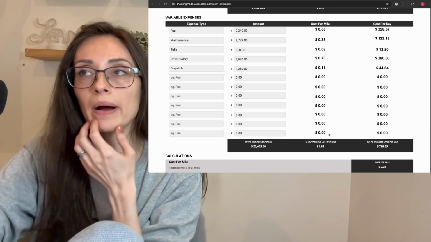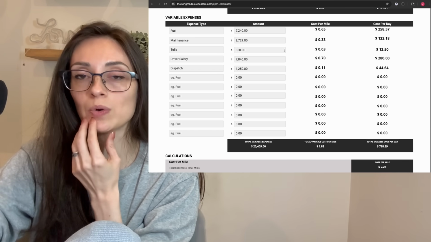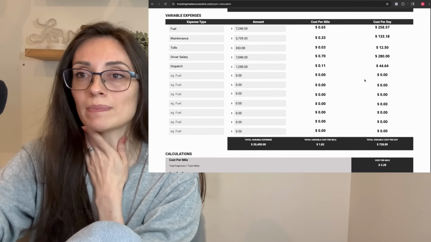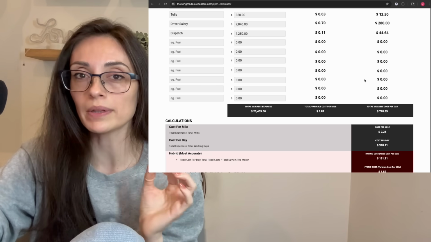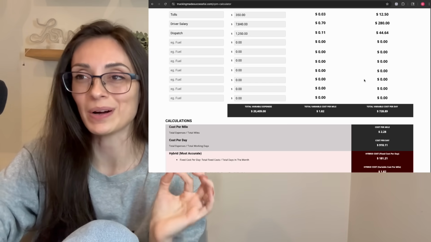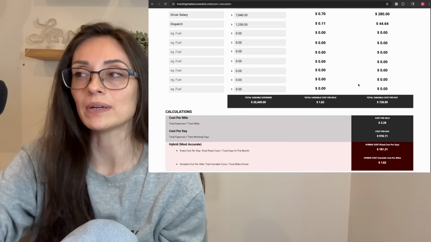Again, cost per mile and cost per day are shown on the right of these expenses. At the bottom, you will see the totals: the total variable expenses, the total variable cost per mile, and cost per day.